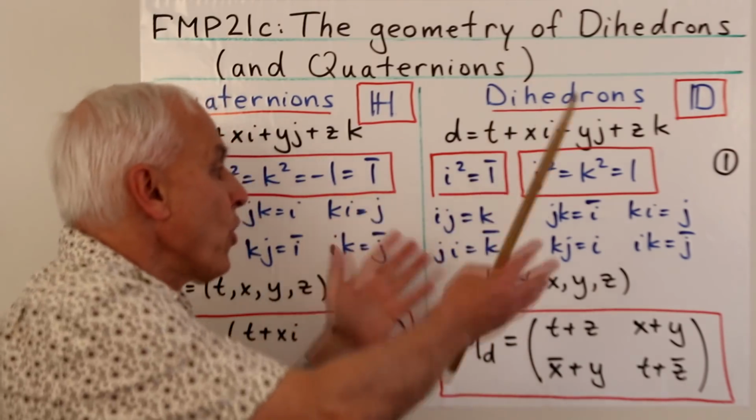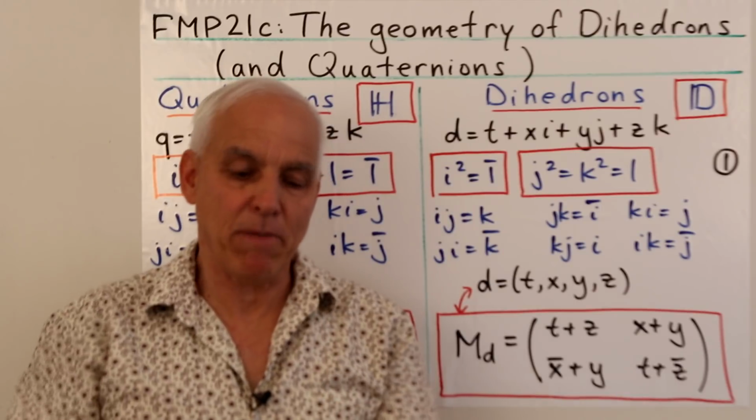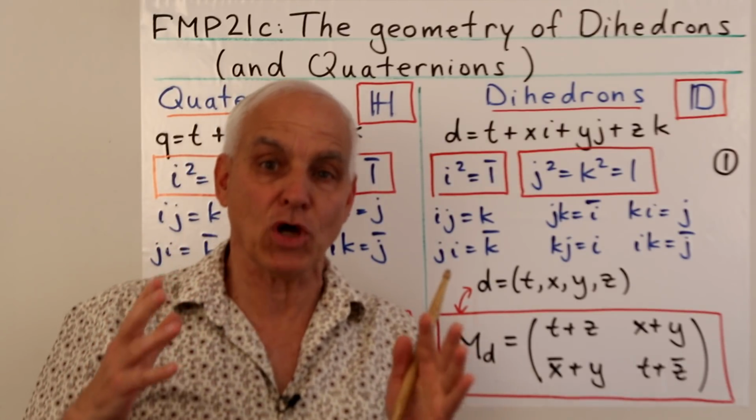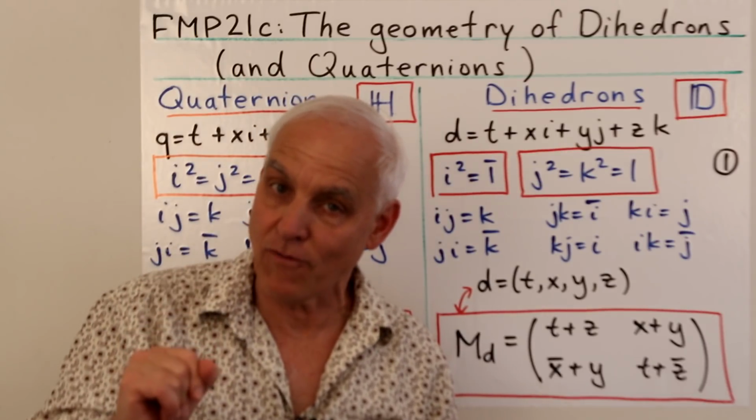Now, how do you cook up such a system? Well, beautifully, we can cook up such a system by embedding it in the world of 2x2 matrices over whatever field we're working over.